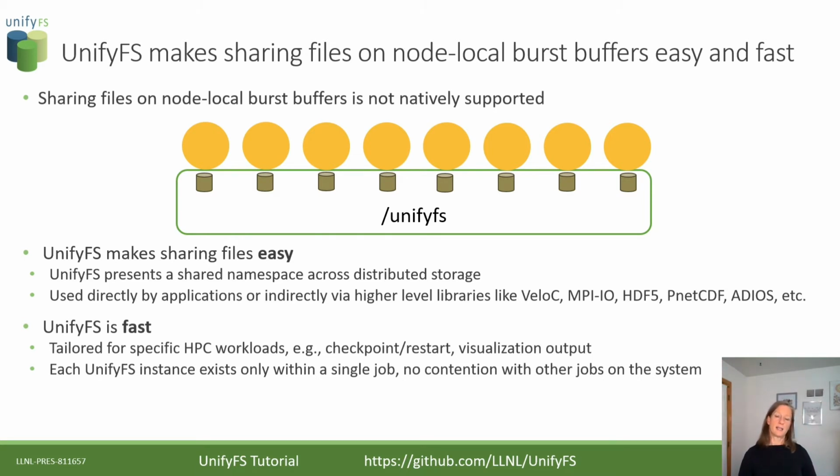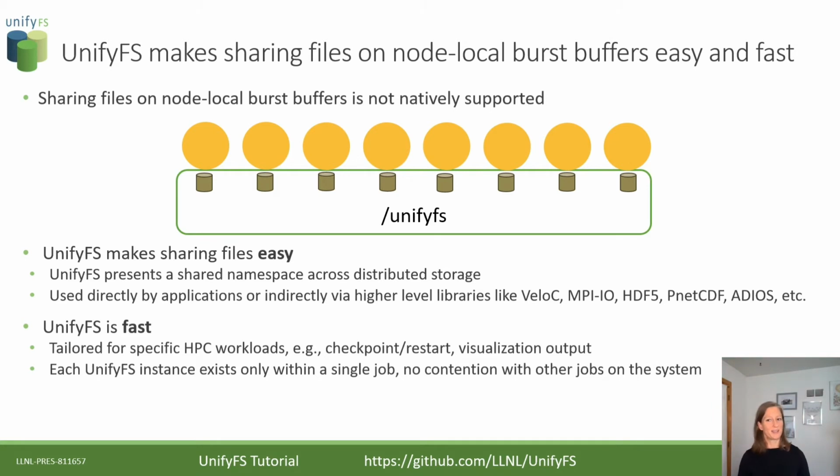We have designed UnifyFS to be fast for HPC applications. So we have tailored UnifyFS to optimize for the way that HPC applications behave. So if you remember a while back, I talked about one of the problems with the parallel file system is that it supports general purpose file system semantics.